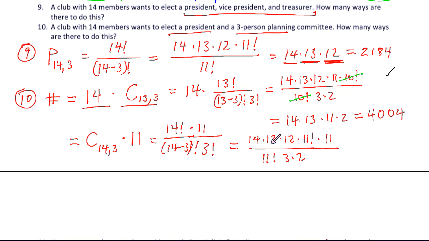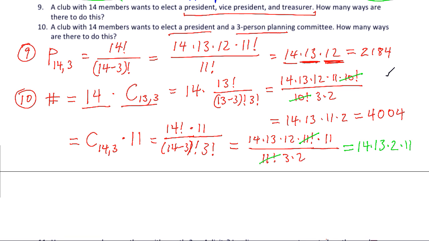The denominator is (14 minus 3) factorial, or 11 factorial. That's why I stopped at 11 factorial here, because I knew I was going to cancel that. And now we have 14 times 13 times the 12, and the 3 and the 2 cancel out to give a 2.